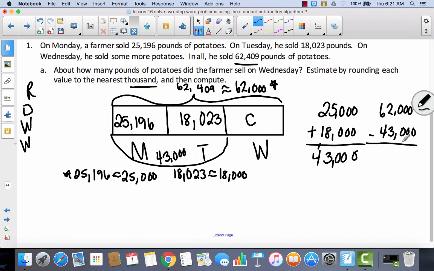I can subtract everywhere until I get to the thousands, and then I'm going to have to decompose this 10,000, and that makes 5 10,000s and 12 thousands. Now I'm ready to subtract. So I have 0, 0, 0, 9, and 1.